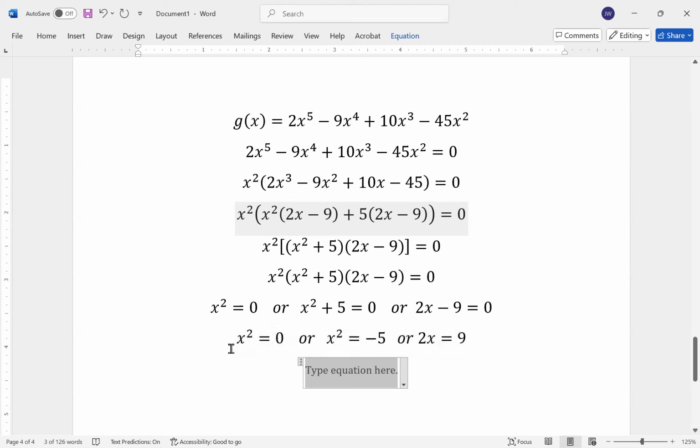So the first, when I take the square root of 0, you get 0. Plus 0 and minus 0 are the same thing. So the first equation yields x equals 0. The second equation yields x is equal to the positive square root of 5 times i, or the negative square root of 5 times i.